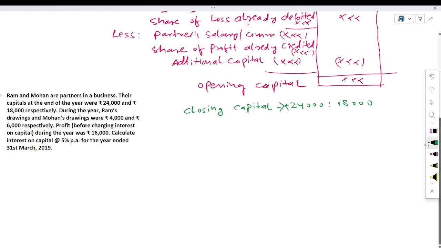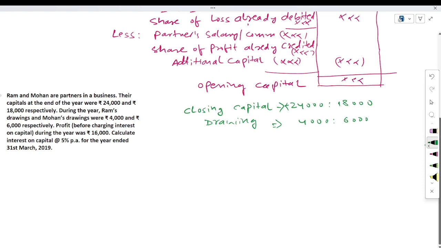Now during the year, Ram's drawing and Mohan's drawing is 4,000 and 6,000. Here drawing is also given. Drawing amount is 4,000 and 6,000.